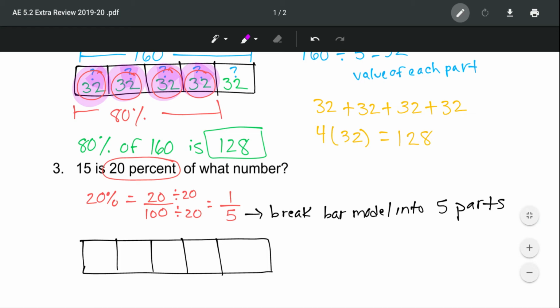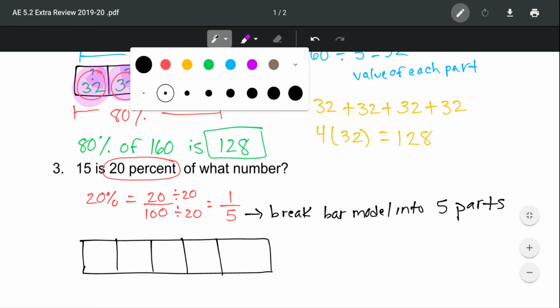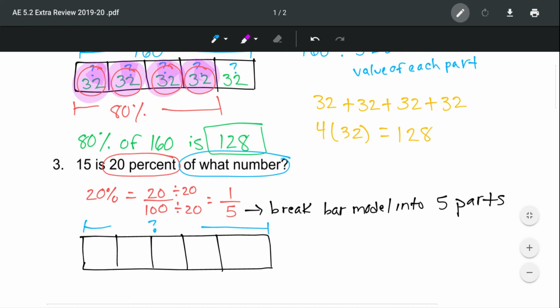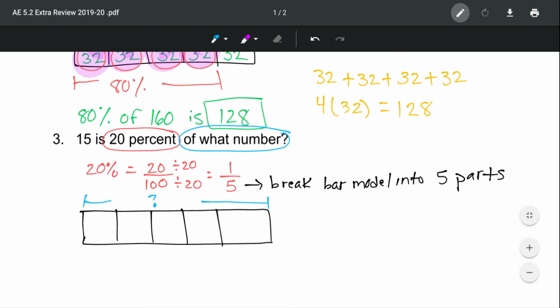Once you have your bar model broken into 5 parts, you want to label. The total value of our bar model, it says of what, so we don't know what that is. We're only told that 15 is 20% of the whole thing.